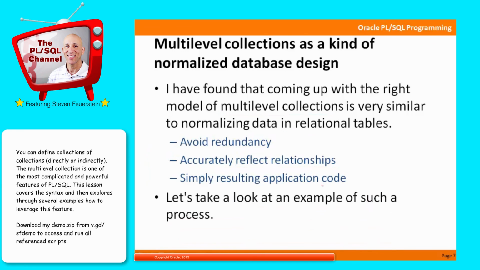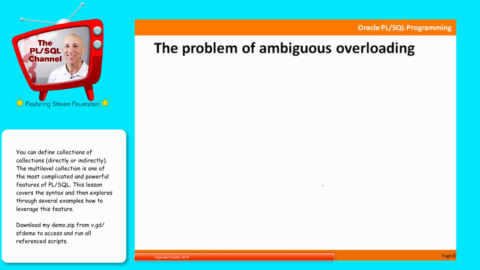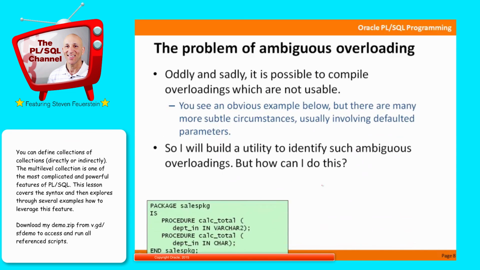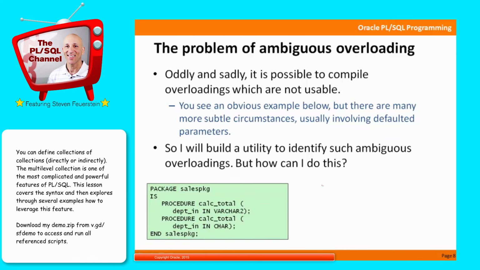So let's take a look at an example. First of all, the problem of ambiguous overloading. Strangely enough, it's actually possible to compile an overloading in a package that is not usable. Here's a package. The sales package has 2 programs called COL10. They each have a single parameter with the same name, and their data type is different, varchar2 versus char.